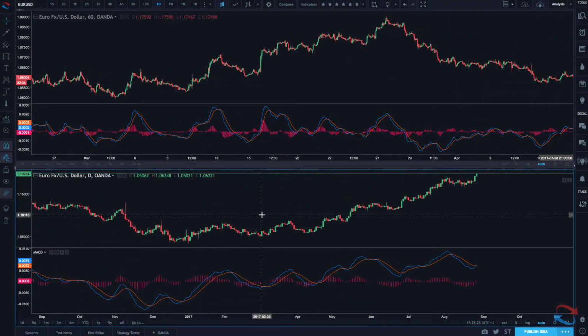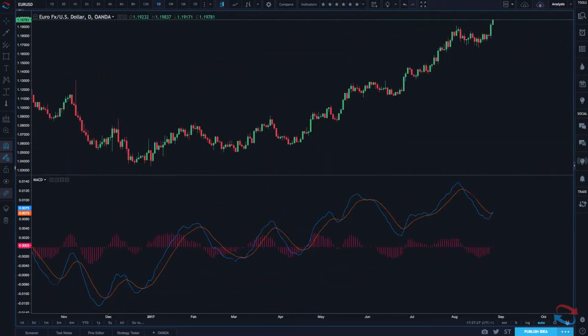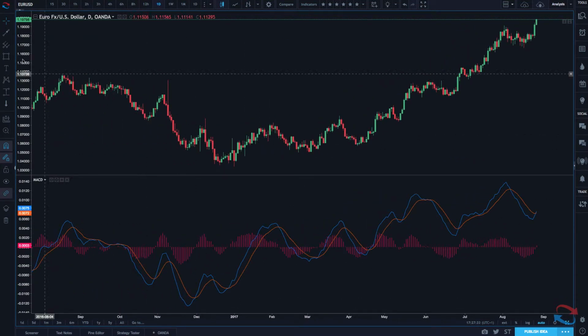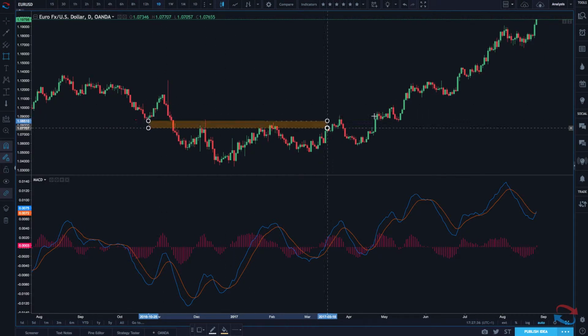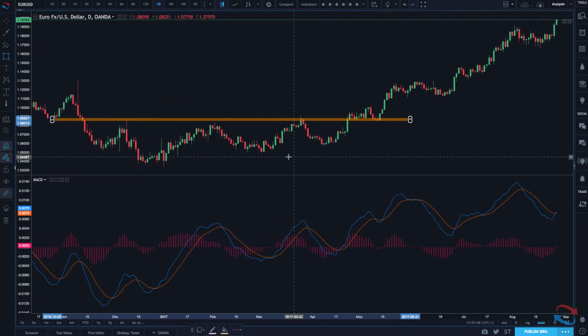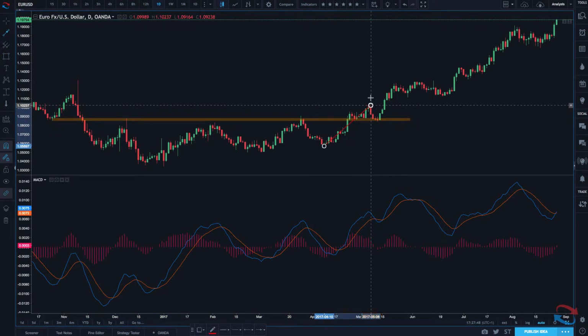So what you want to see is, if we go to the daily time frame, you can pretty much see that we have an uptrend. We were in a bit of a ranging market, and then prices kind of broke out to the upside, and we've had prices make higher highs and higher lows.